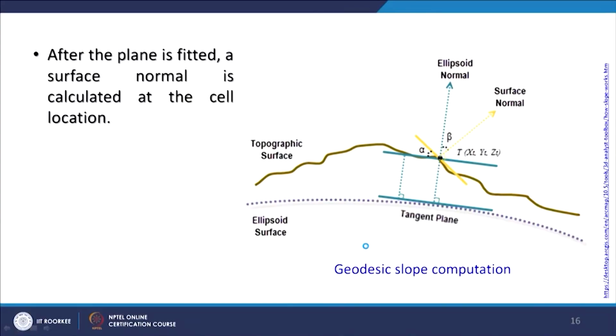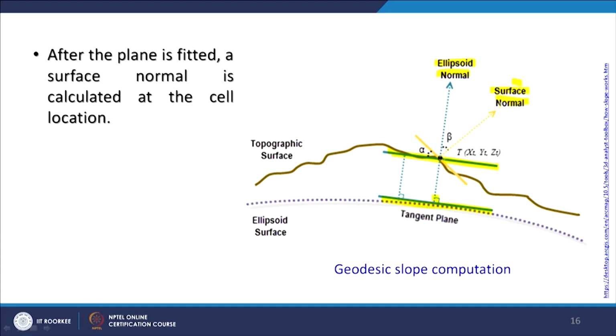After this plane is fitted, a surface normal is calculated for each cell, at the cell location. The surface normal, which is perpendicular to the tangent and goes like this, is represented here with blue lines. It is taken above the topographic surface.